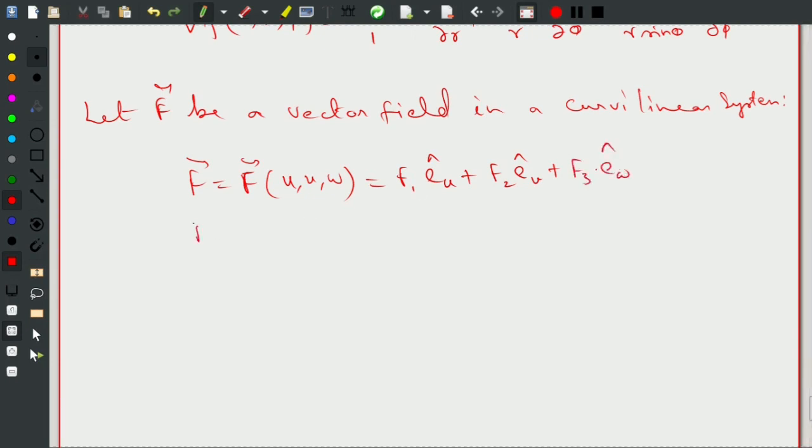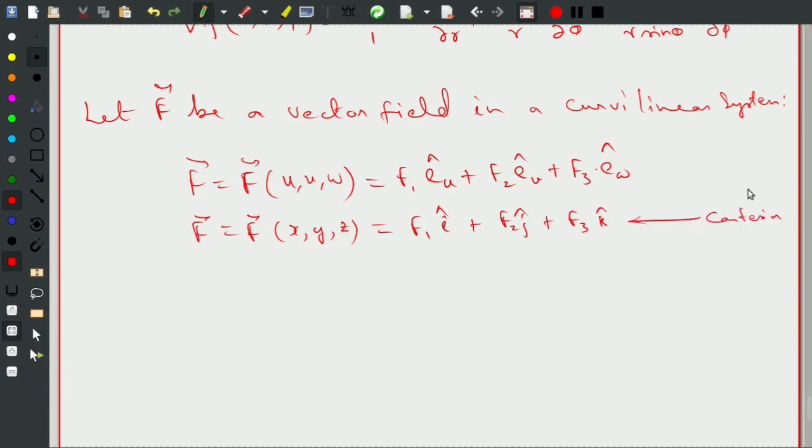This is similar to our Cartesian system. In Cartesian system, f is a function of x, y and z, and we represent it as f1 of i cap plus f2 of j cap plus f3 of k cap. So this is in Cartesian, and this one is in curvilinear system.